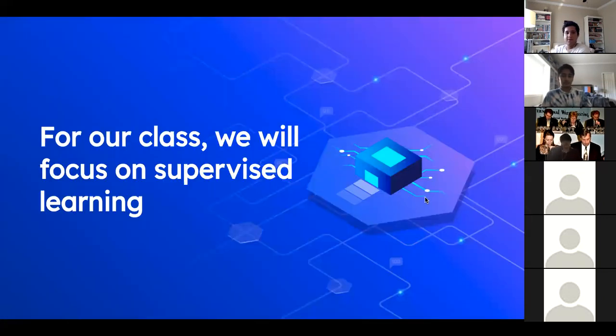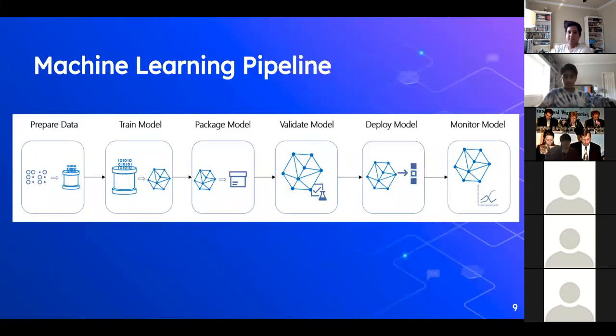All right, so for our class, we will focus on supervised learning. Let's look at the machine learning pipeline. I'm going to spend a lot of time on this slide because you have to understand how a machine learning model works in order to create one, whether it's in code, on paper, or in theory.